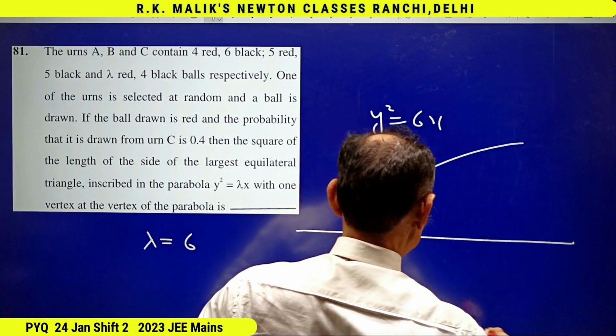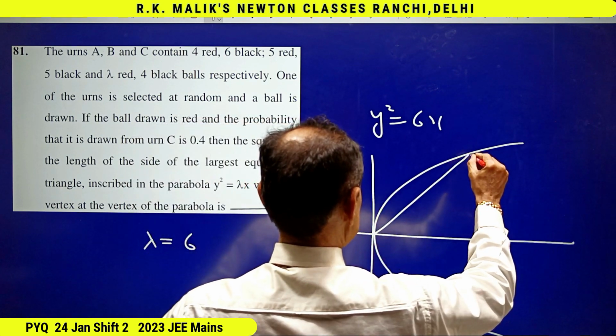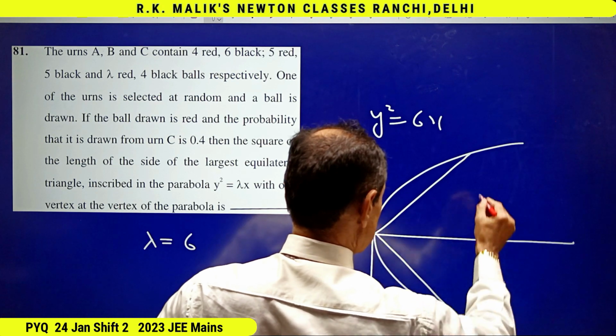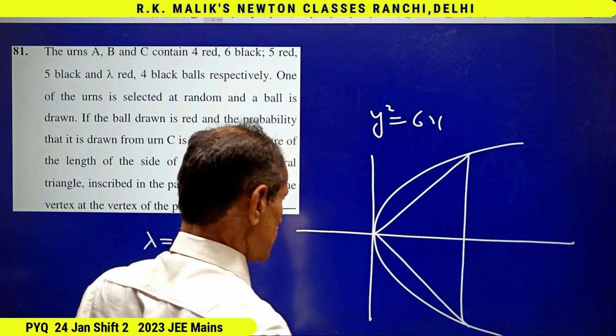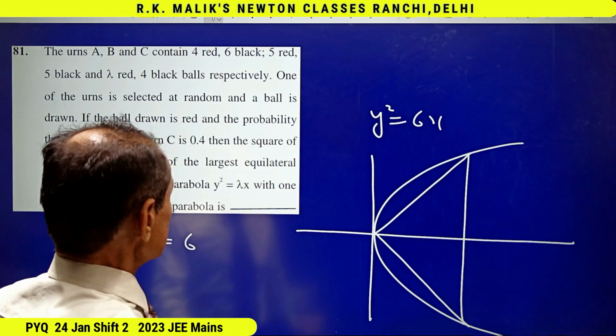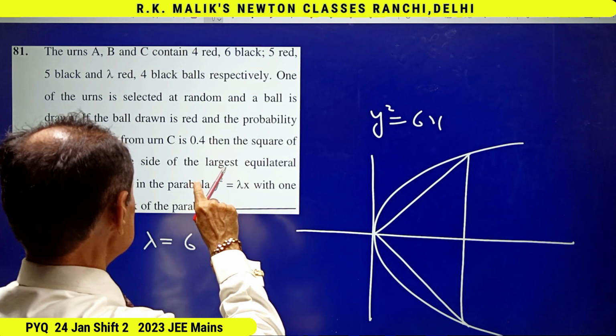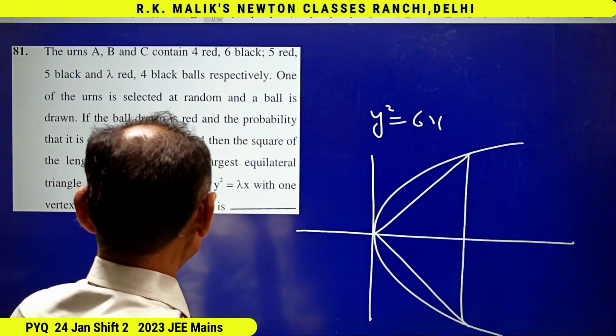This is the parabola and this is the equilateral triangle formed in the parabola, and we have to find the square of the length of the side of the largest equilateral triangle.